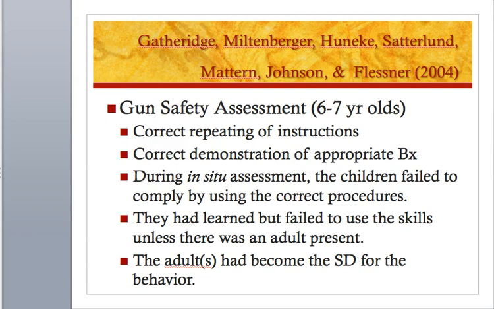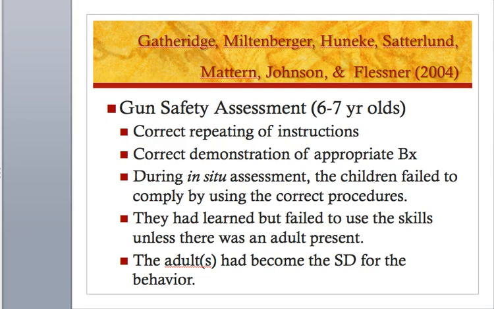So from all intents and purposes, during training, the children had mastered all of the steps associated with gun safety. However, during the in situ assessment, when they came into a room and a gun was present, the children failed to comply by using the correct procedures. In fact, some of them ignored the gun, others actually picked up the gun and handled the gun.